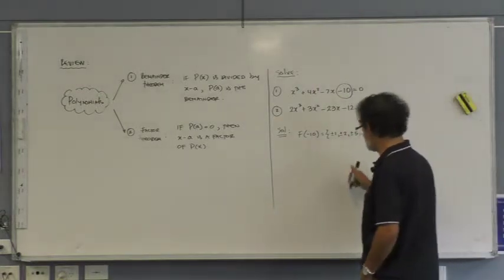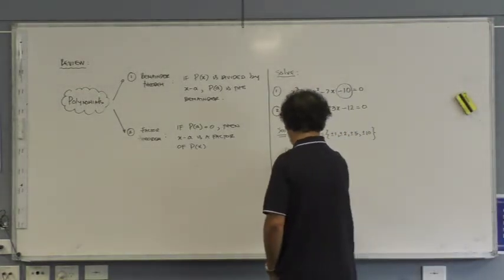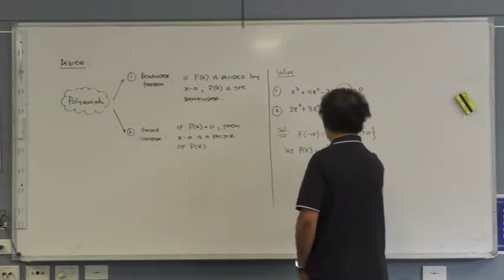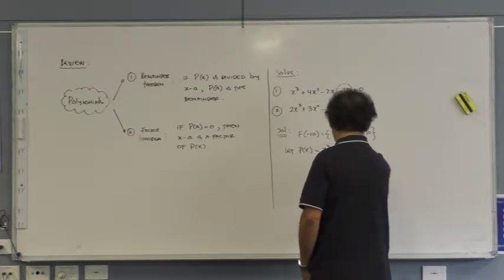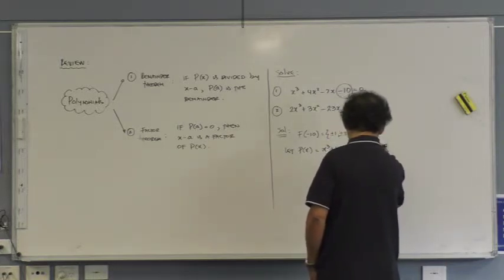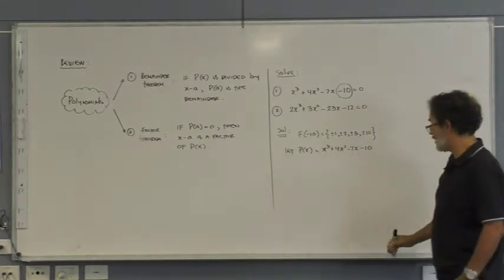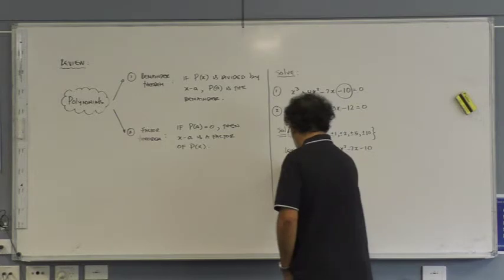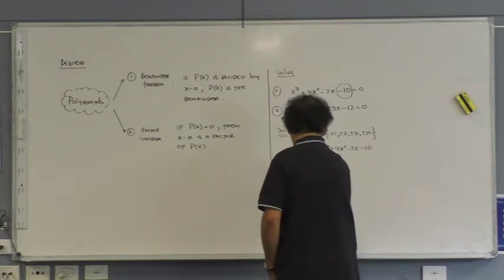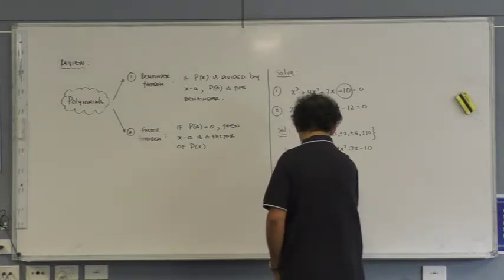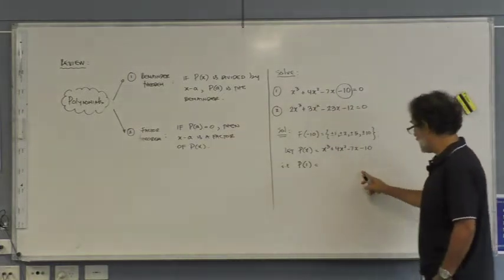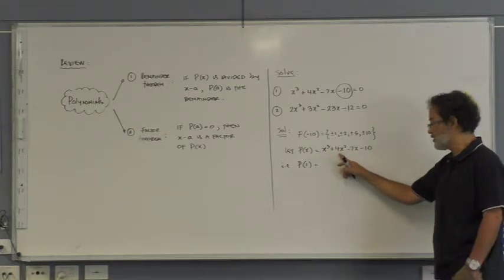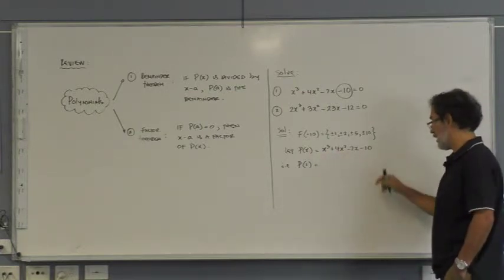All right, so we're going to let p of x equal to that polynomial. And then we're going to check what happens for 1, for example. So p of positive 1 will give you 1 plus 4, so it's going to be 5 minus 17.